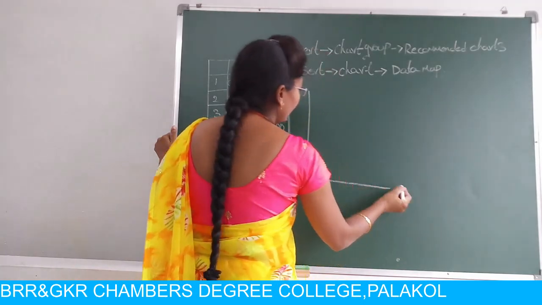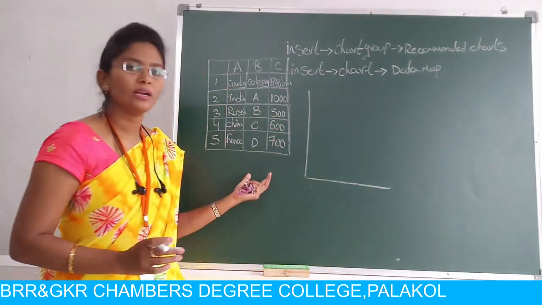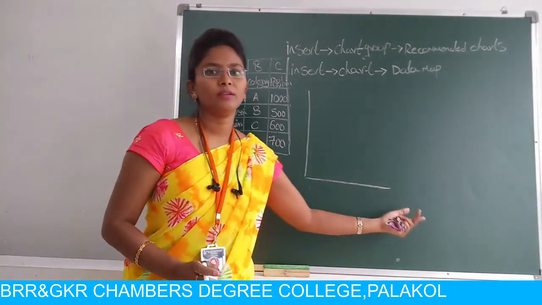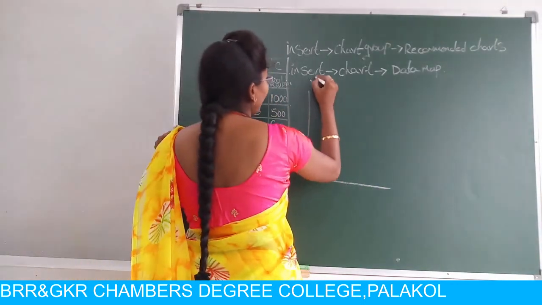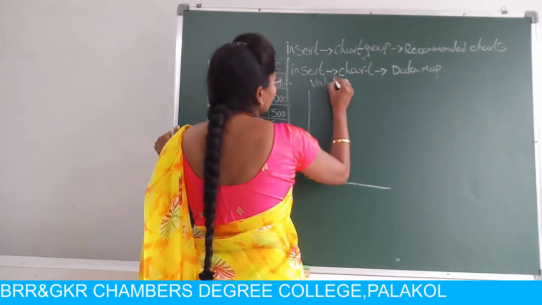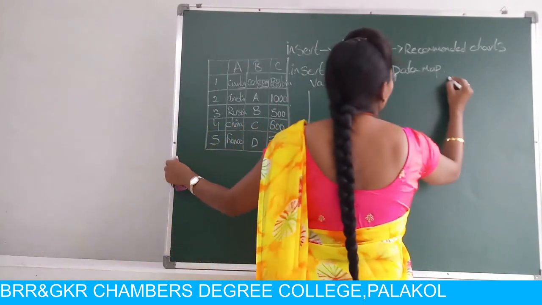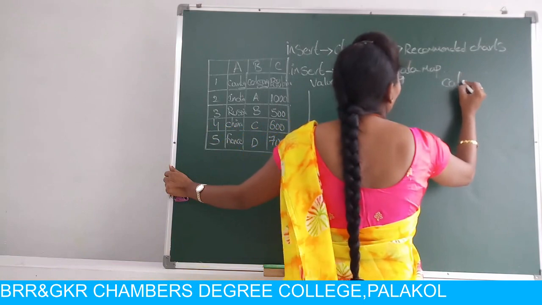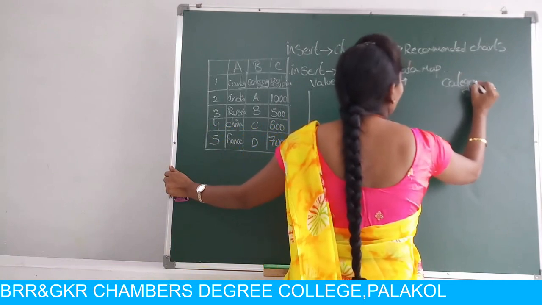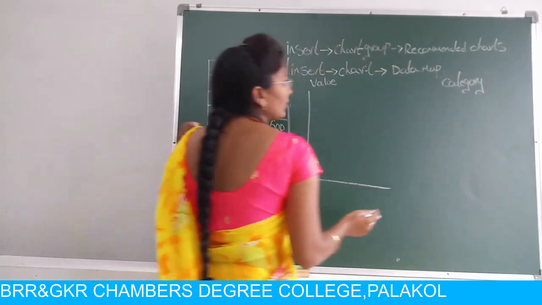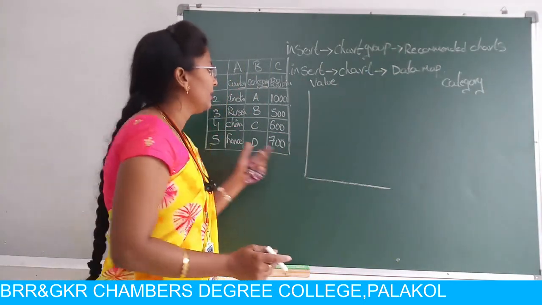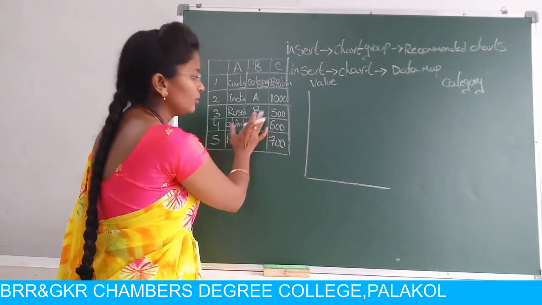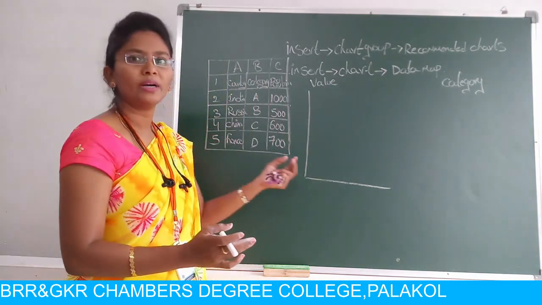It will appear with the first one as value, and the second one is the category. Here this is the value, and here is the category. And then in the value chart, this data will be displayed as a bar chart.